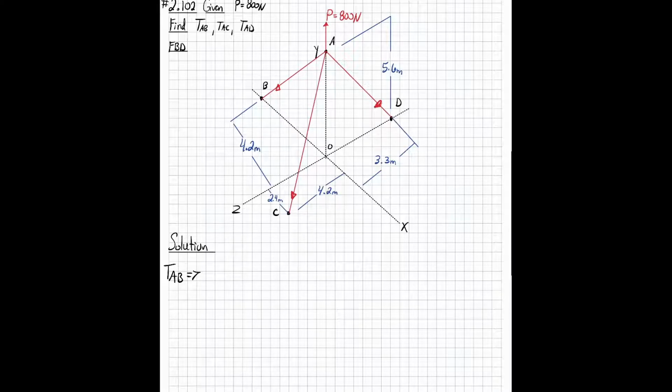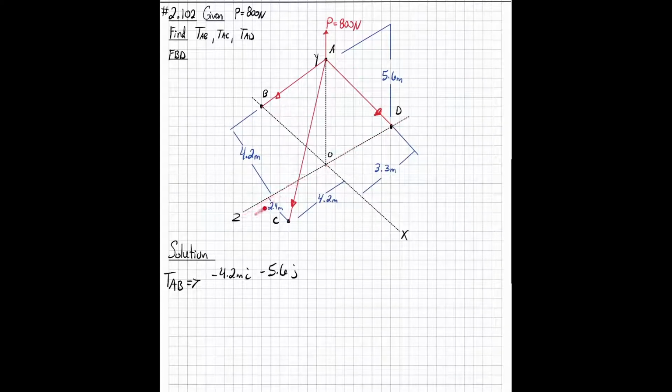So in the x direction, it's going a negative 4.2 meters in the i. In the y direction, going from A to B, it's negative 5.6 in the j. And is it going anywhere in the z direction? So no, it is staying right here on that x plane, so plus 0k.